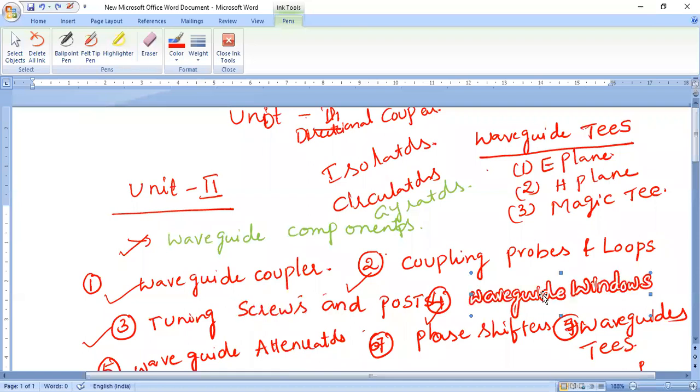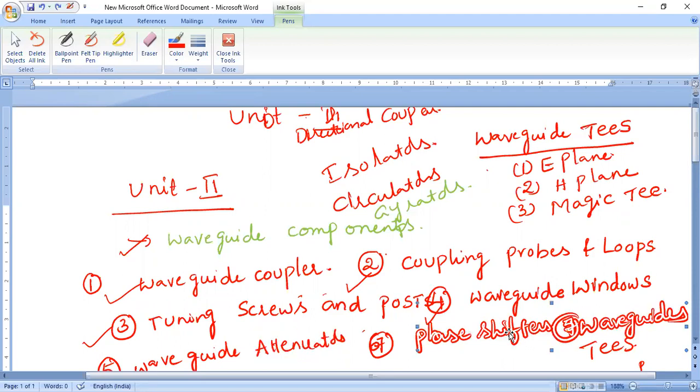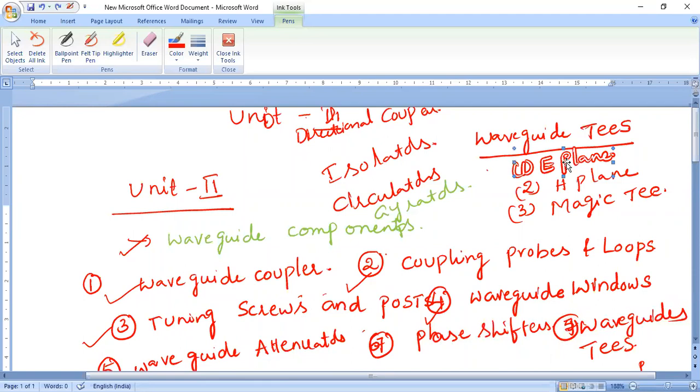Waveguide windows also short answer questions. But for waveguide attenuators, you'll get long answer questions. In that, the rotary vane attenuator, many times that question was given. Phase shifters also, 1 or 2 times they have given. And the E-plane T, H-plane T, magic T are very, very important questions.